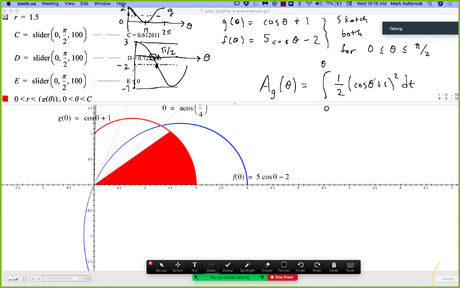Cosine of t. T, right? So this is, yes. So it'd be 1/2 r squared. We said that was our rate of change, right? We found the rate of change for polar area was 1/2 r squared. So the last thing we just need to do is get that in terms of some other variable. And let's go ahead and use u. We've been using t for parametric functions, so I'm just going to go ahead and use u.